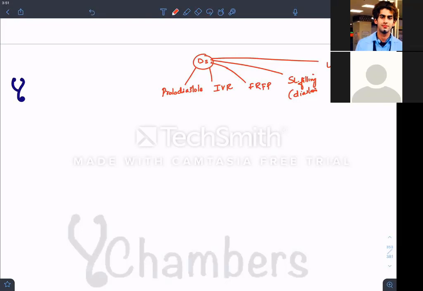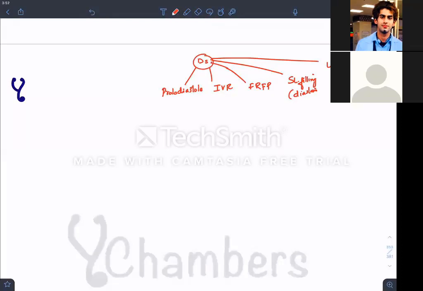So protodiastole is the period before the closure of the semilunar valves. Who are the semilunar valves? Aortic and pulmonic valve. True or false? True.